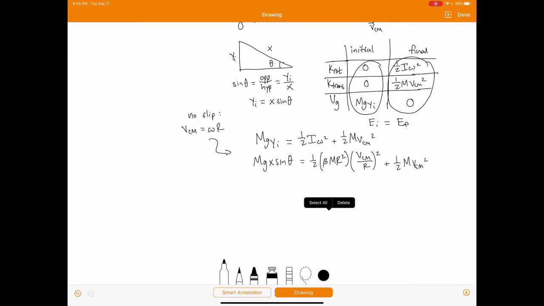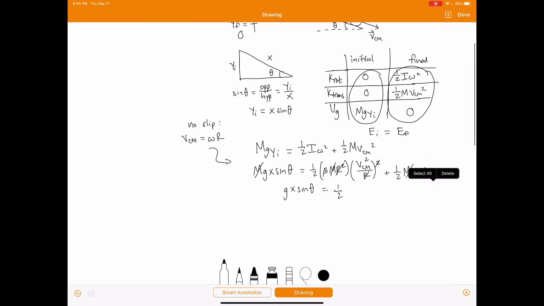Okay, so first thing to note is we can divide out the mass. That goes away. On the left side, now we just have g times x sine theta. On this side of the equation, we have a factor of 1/2. Also notice the factors of r squared cancel here and here. We're just left with VCM squared here. I also have a common factor of VCM squared, so I can pull that out as well. And then in my first term, I'm just left with beta.